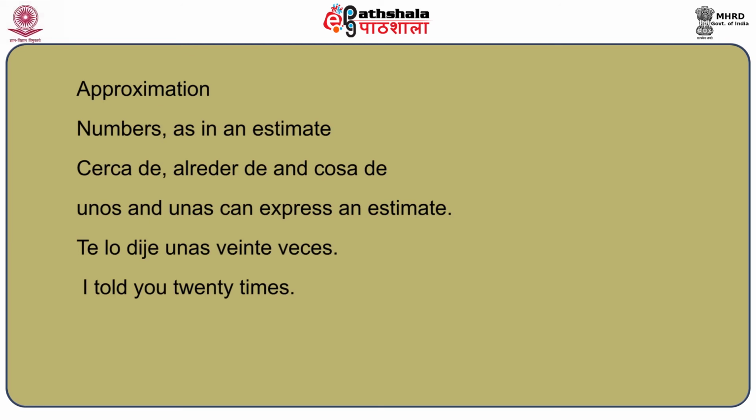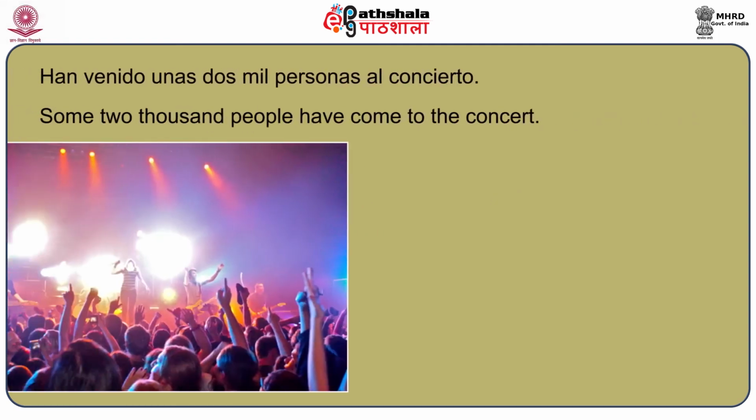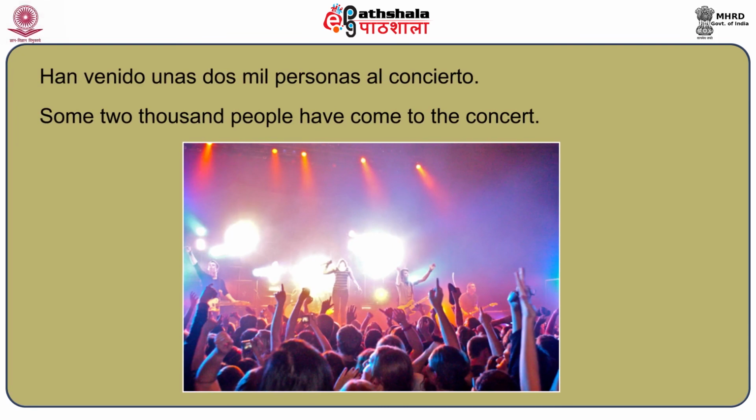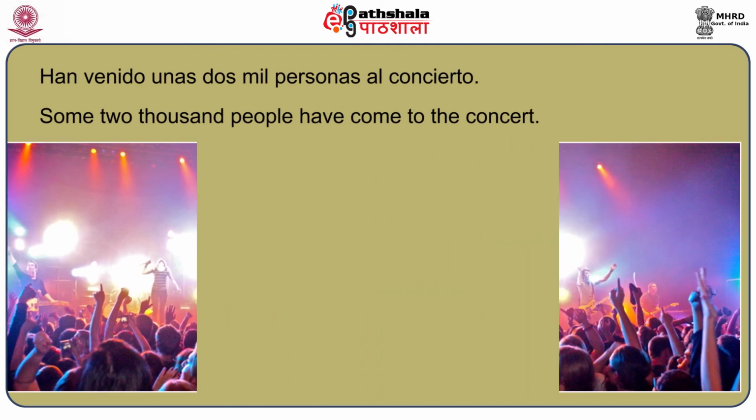Also, with indefinite articles unos and unas can express an estimate. Te lo dije unas 20 veces. I told you 20 times. Han venido unas 2,000 personas al concierto. Some 2,000 people have come to the concert.